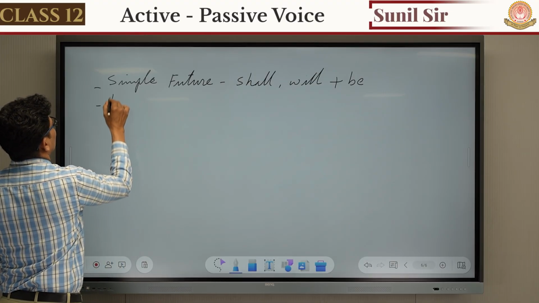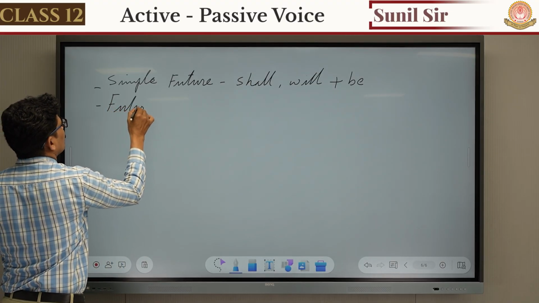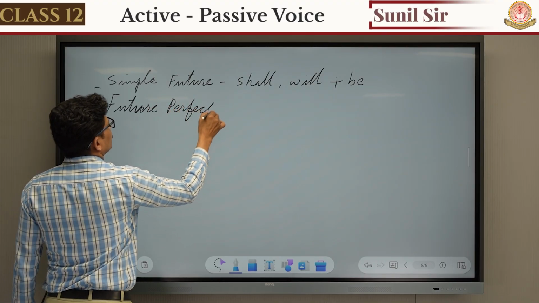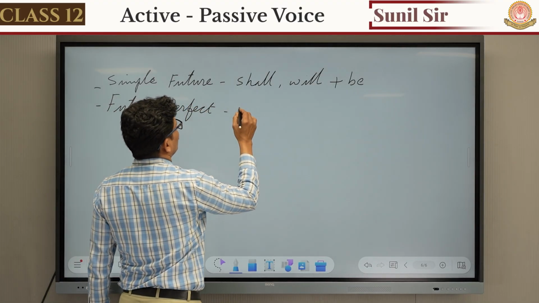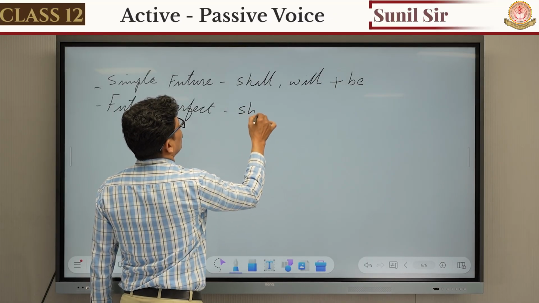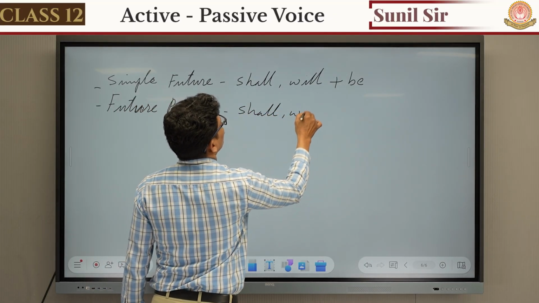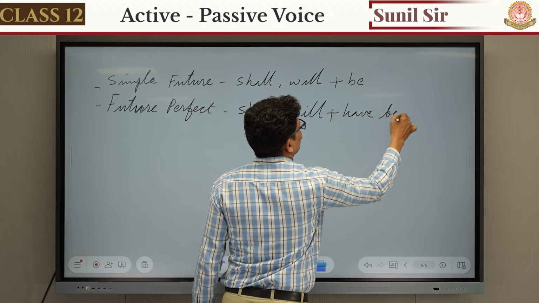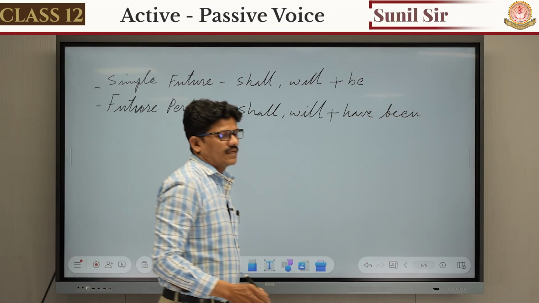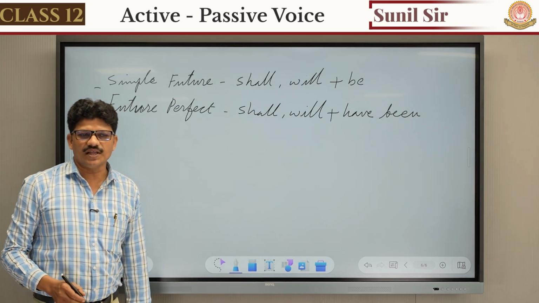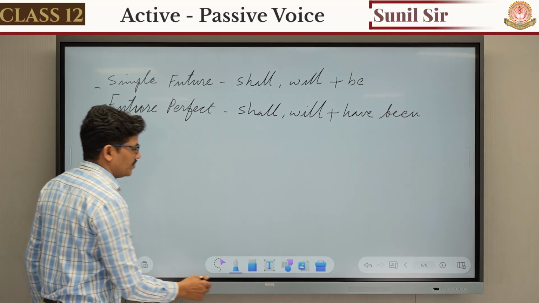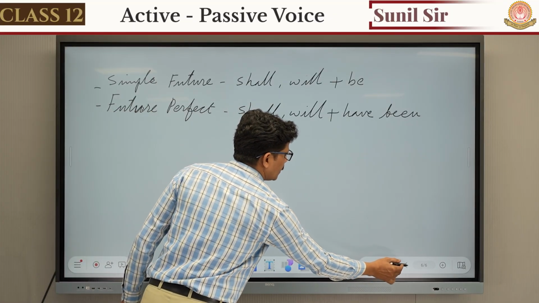If it is future perfect, the helping verb will be shall or will plus have been. These helping verbs are very important. If you put wrong helping verb, your sentence is going to be wrong.